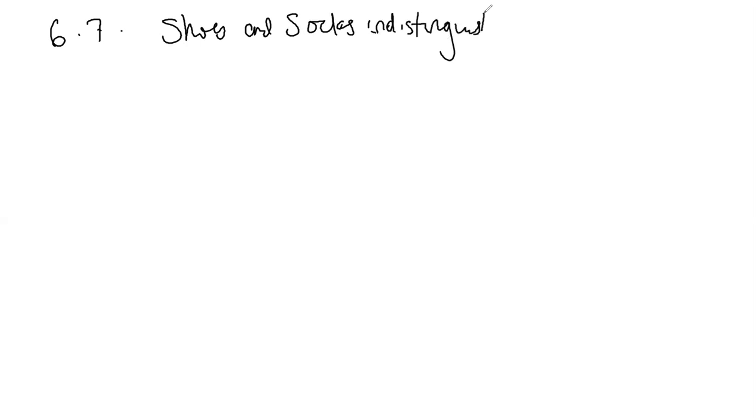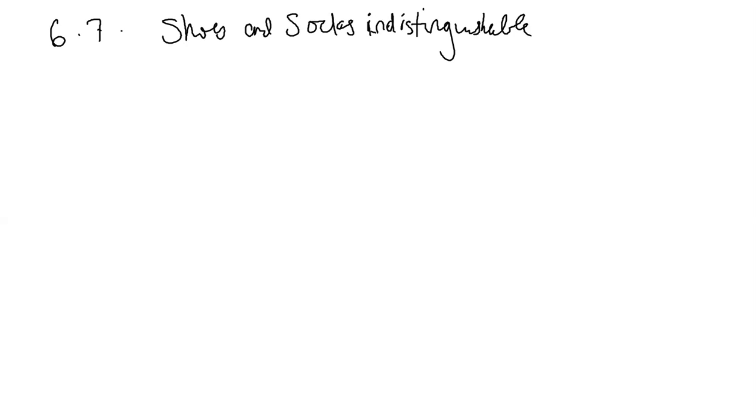Okay, so there's a lot of stuff going on in this question. First of all, note that the shoes and socks in this question are indistinguishable. It does not matter which shoe or which sock I choose to put on.